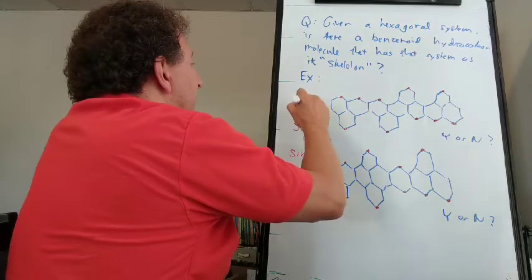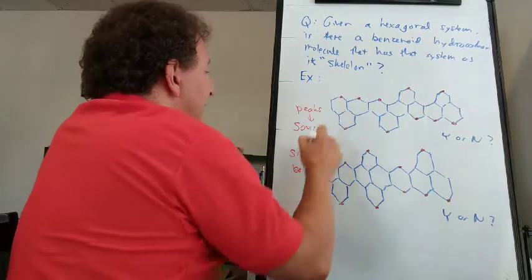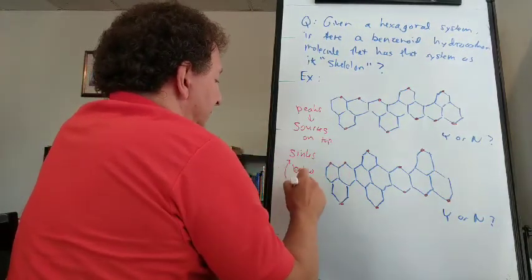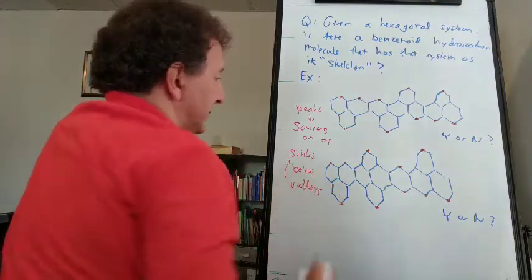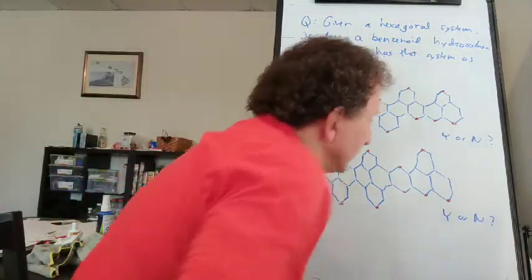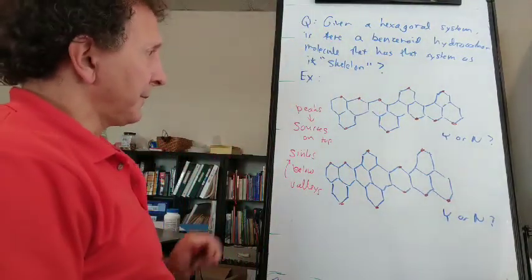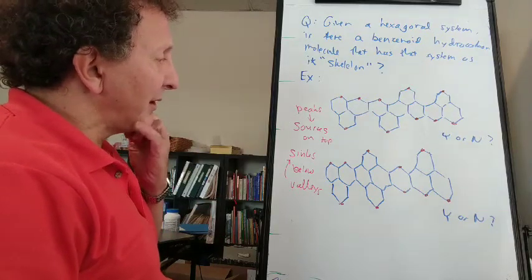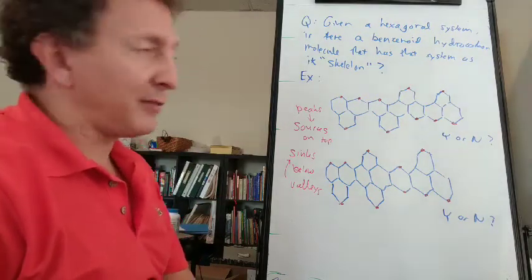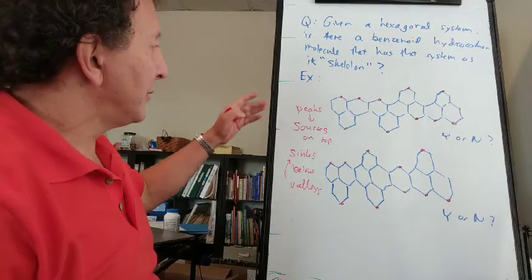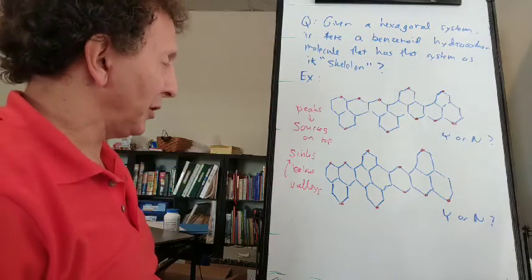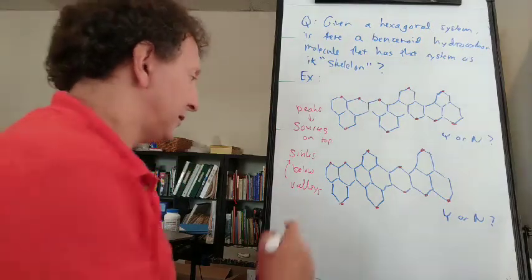Sources are the peaks and the sinks are the valleys. So it turns out that there is a molecule if we can find a non-intersecting path family from all the peaks on top to all the valleys below, all the sources to all the sinks.